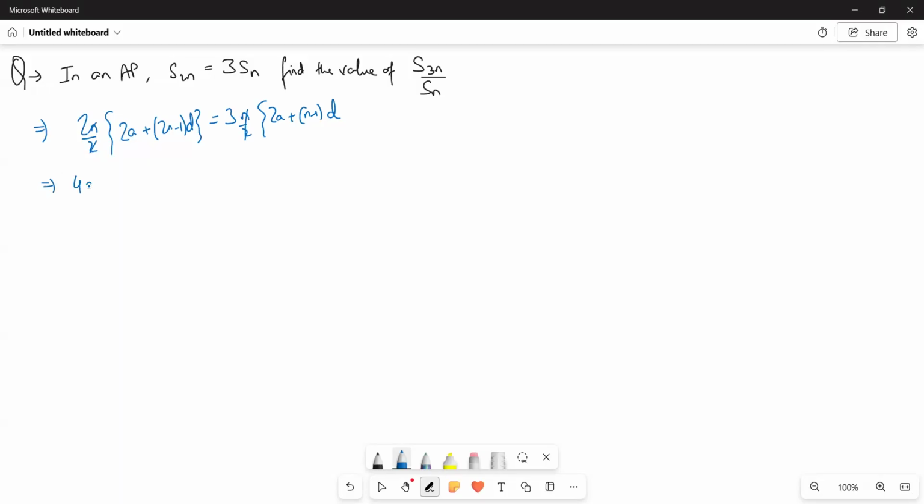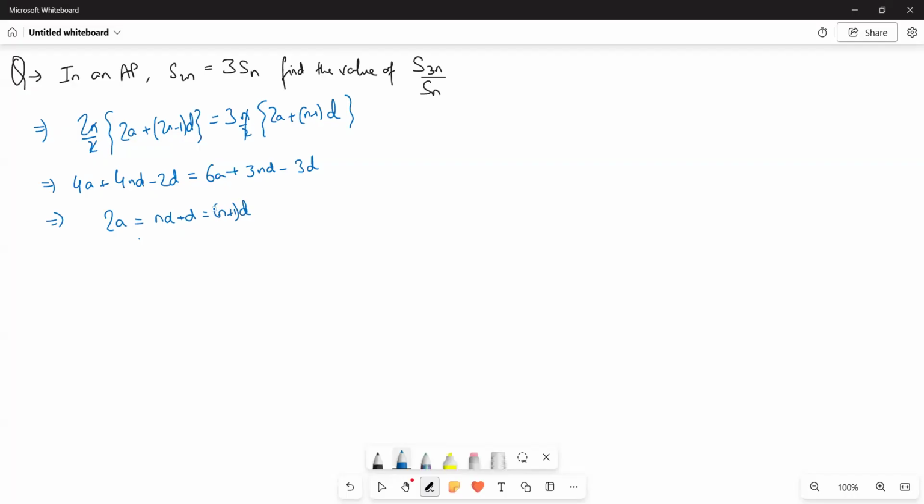So, this will end up becoming 4a plus 4nd minus 2d is equal to 6a plus 3nd minus 3d. So if we collect all the various terms together, this would be like writing 2a is equal to nd plus d, which is like n plus 1 d.